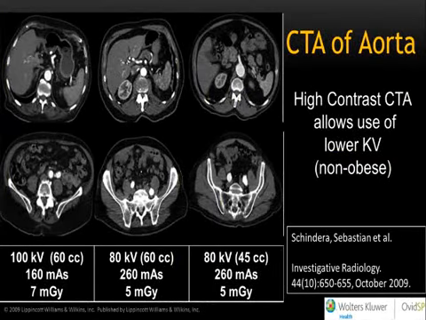So for example, this is from a study that was published by Schindera in Investigative Radiology, where they looked at different protocols for CT angiography of the aorta. This is not an uncommon indication, right?